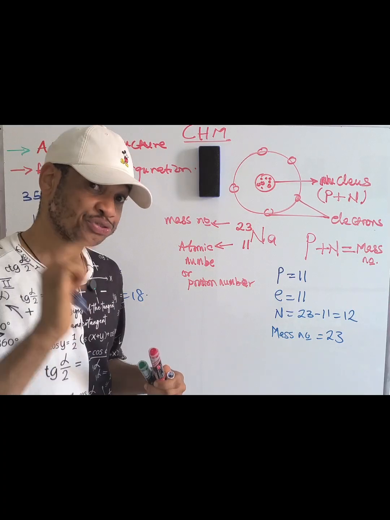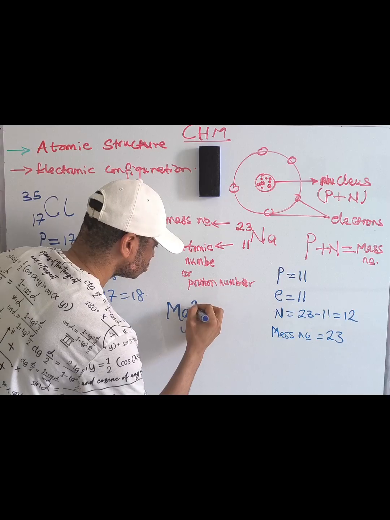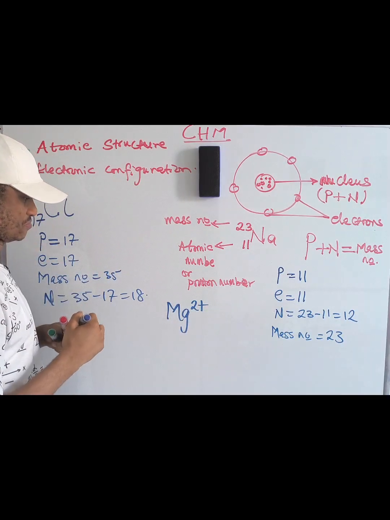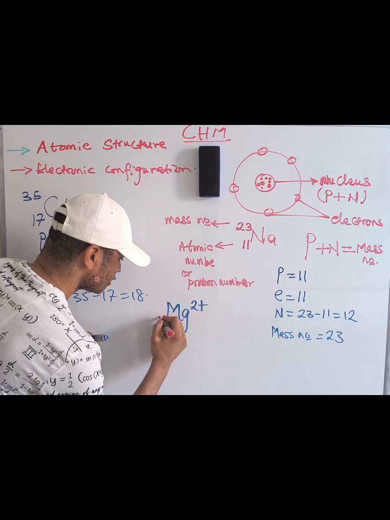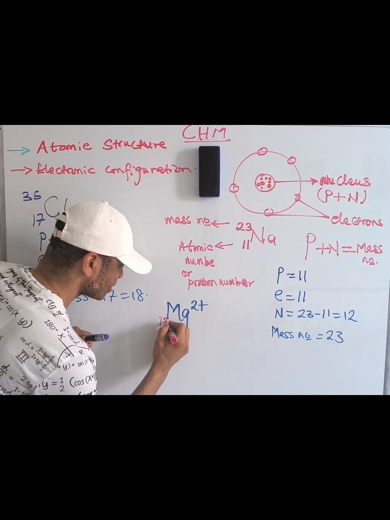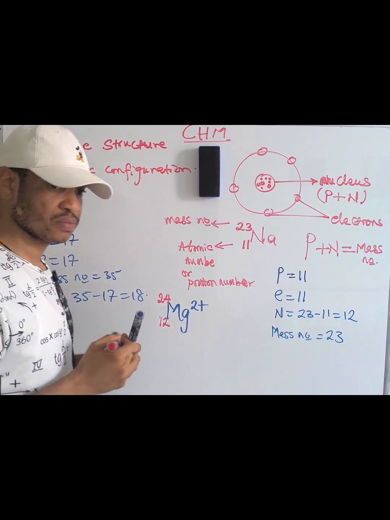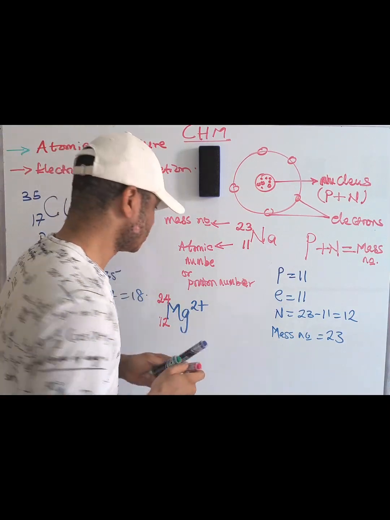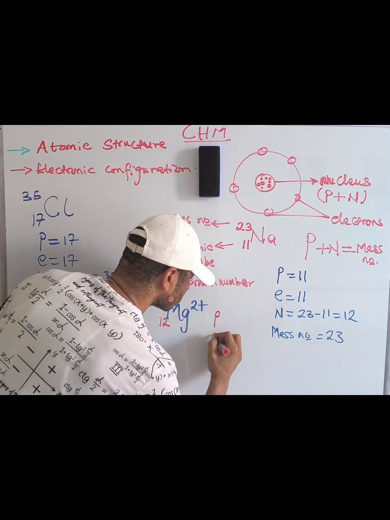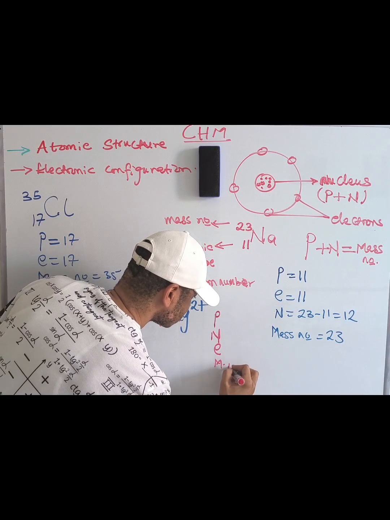Okay, now let me trick you. Let's say I have magnesium 2 plus. Now what is this 2 plus? This is the magnesium. Magnesium is the 12th element, and the mass number is 24. How will I find the proton, neutron, electron, and the mass number?